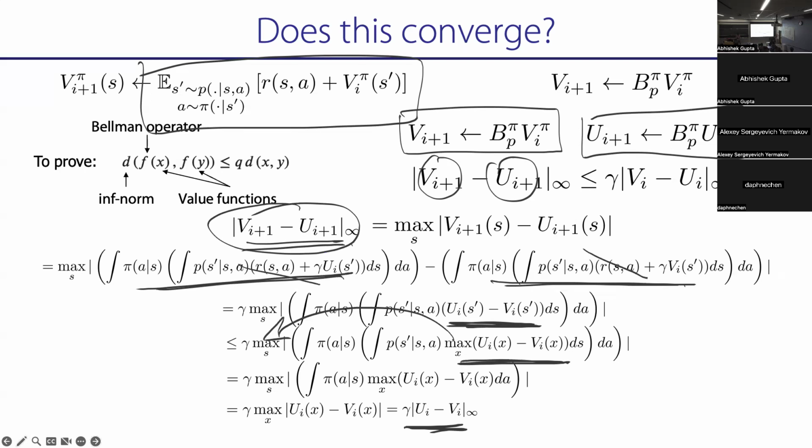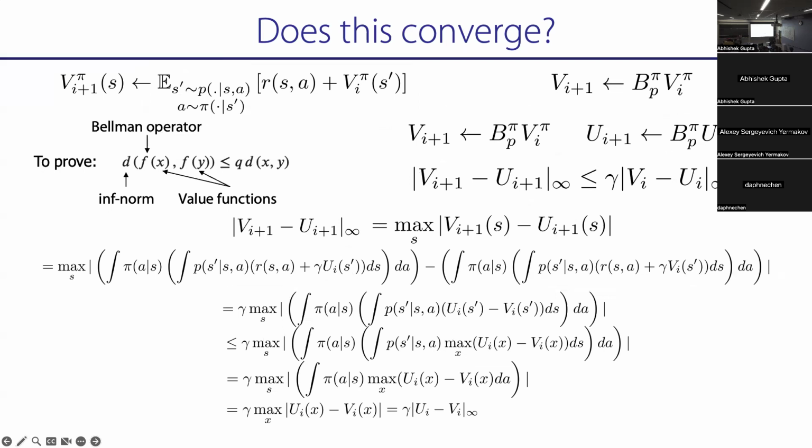And so what that suggests is that you're contracting every time you do this update, if gamma is less than one. So you never use gamma more than one. If you're using gamma, gamma is going to show up here. Gamma will always be less than one. Yes. How do I show that? We use L infinity.